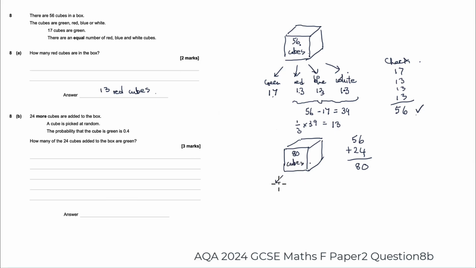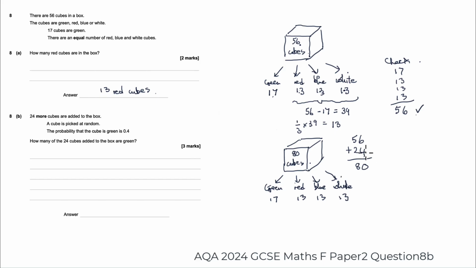And we know that the green ones are still going to be 17. Red ones is going to be 13. Blue ones still going to be these 13. And white ones, there's still going to be these 13.